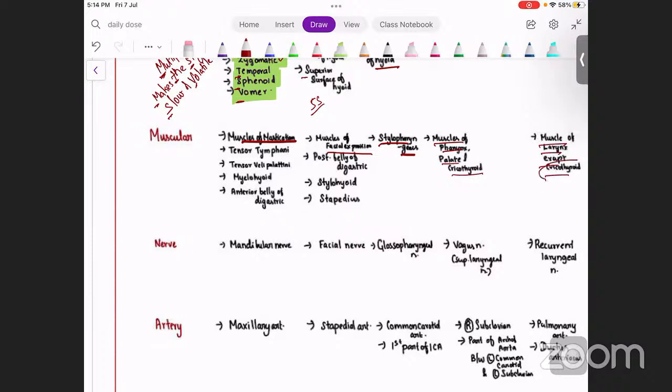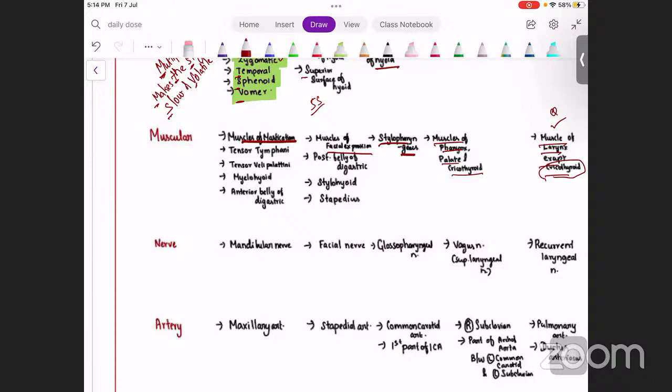Very, very important MCQ. All the muscles of larynx except the cricothyroid, which is derived from pharyngeal arch 4, the rest are all derived from pharyngeal arch 6. Very, very important anatomical MCQ that you should not miss. So all the muscles of larynx are derived from what pharyngeal arch?